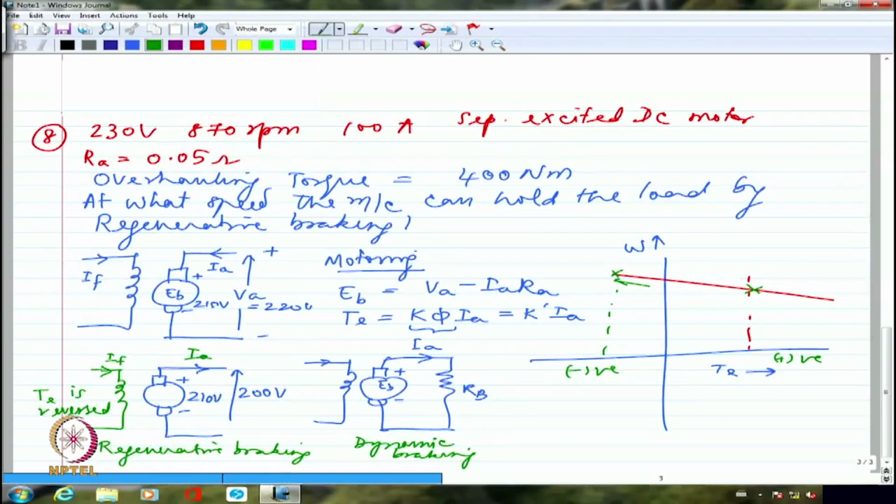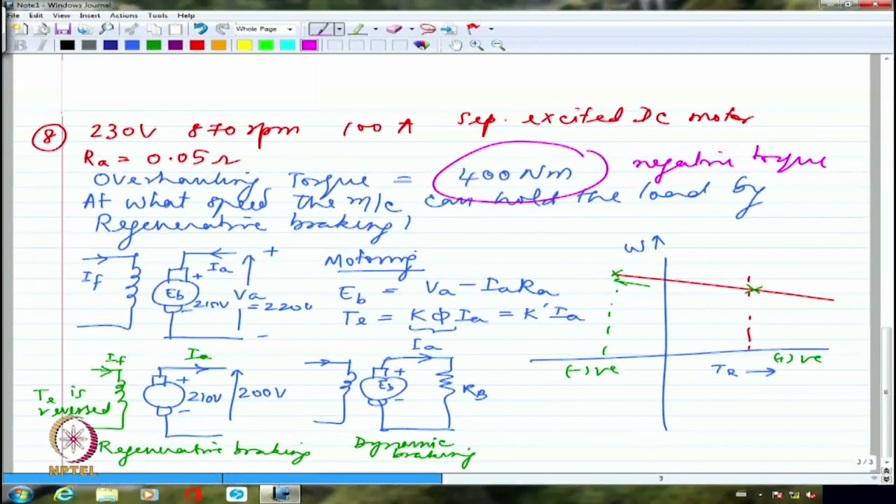Please understand, the moment I say it is overhauling torque, that means this is going to be a negative torque because we are talking about braking. So the torque is going to be 400 Newton meter, which is actually minus 400 Newton meter. Okay. So this is 230 volts, 870 RPM, 100 ampere. Please remember the data.